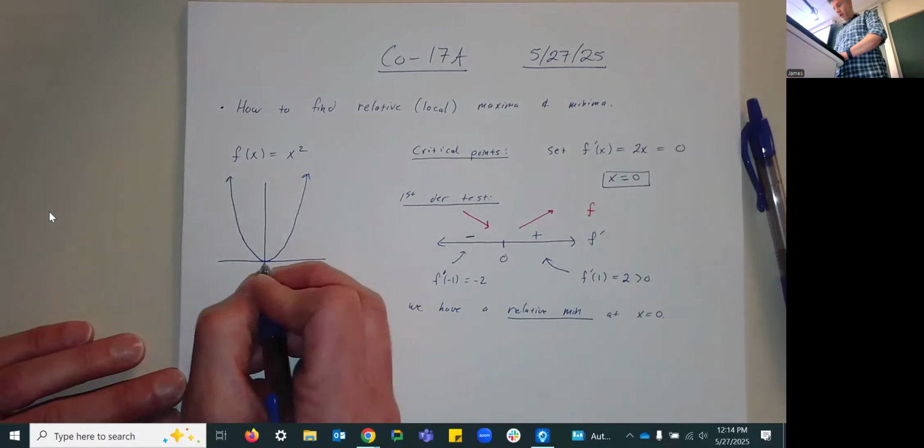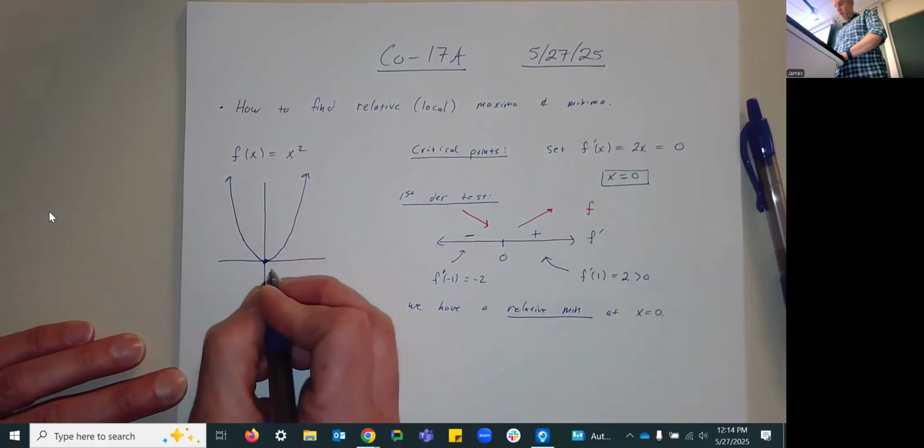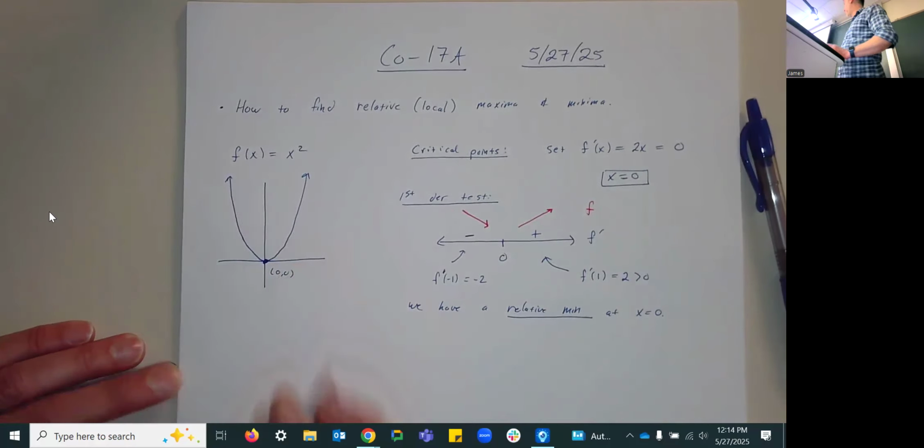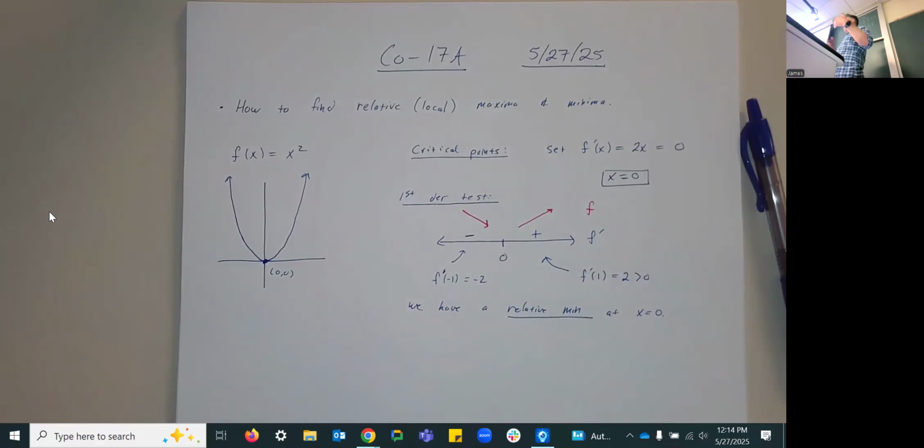If you look at this graph here, at the point where x is 0, y is also 0, that point certainly is lower than any other point next to it. I'll also mention it happens to also be a global or absolute minimum as well, but we're not worried about that right now. We just care, is it the local minimum, is it lower than all the things immediately next to it? And it is.